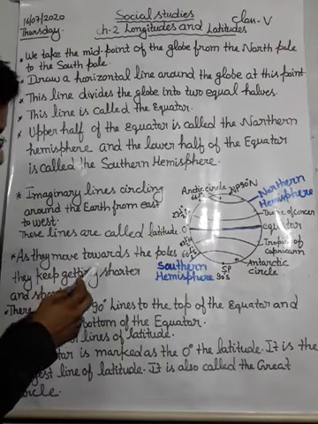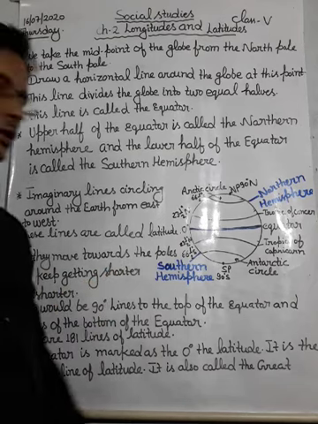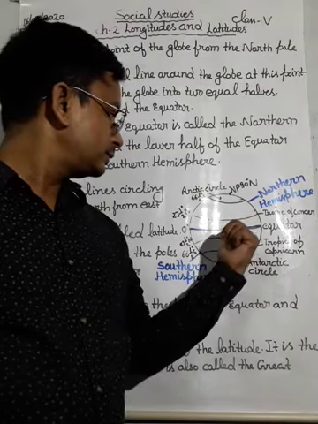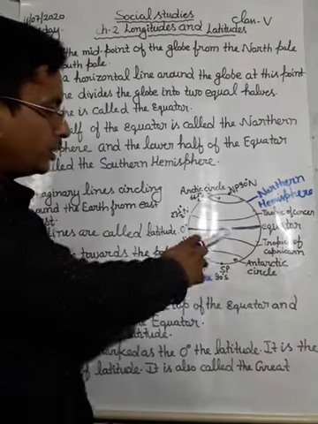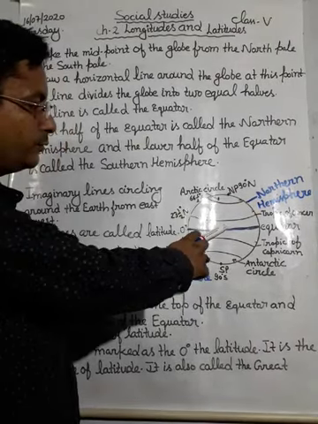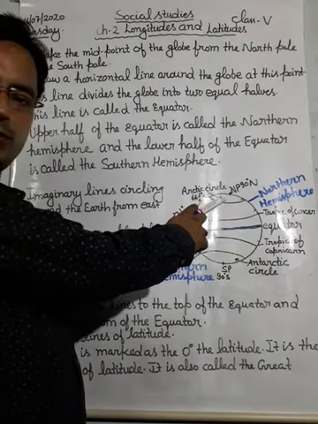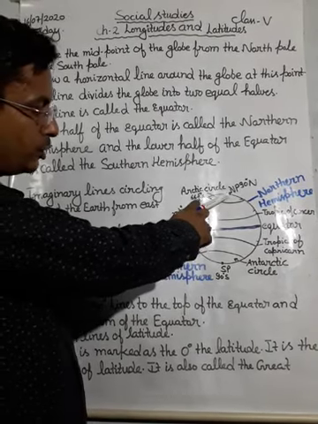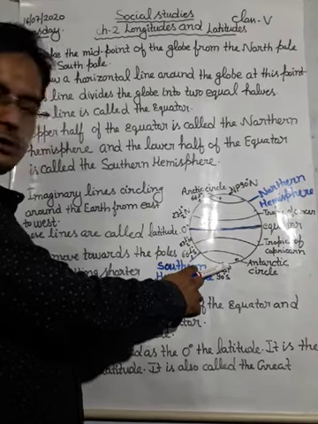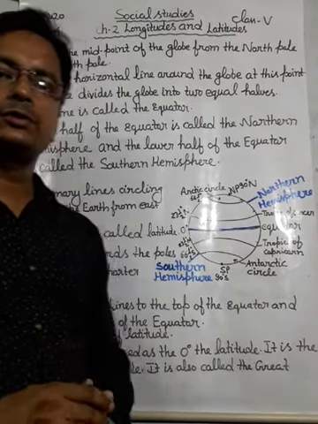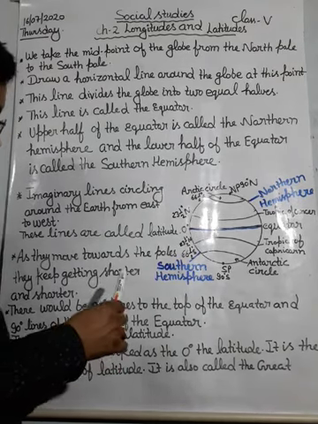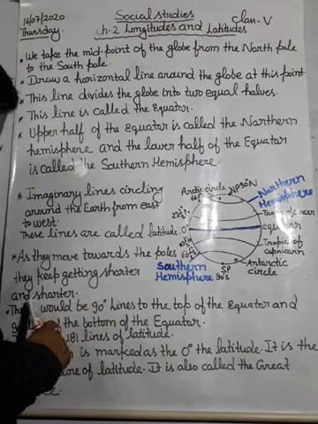As these lines move from the equator towards the north pole and towards the south pole, what will be the condition of each latitude? Each latitude will get shorter and shorter.